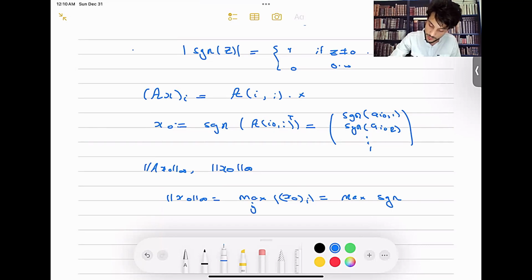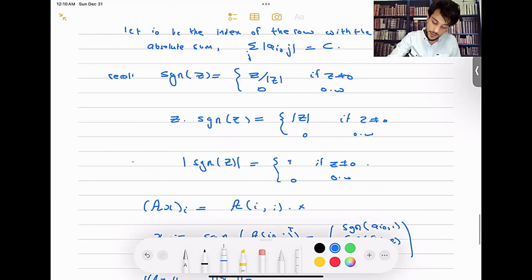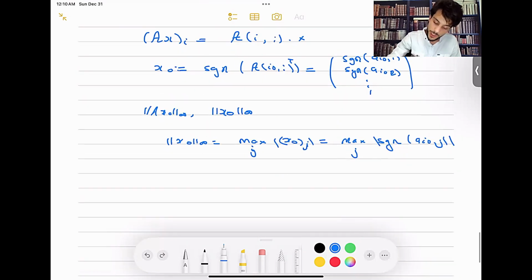Let's use a j here instead, the maximum over j of the absolute value of the signal of ai0j. But we've just seen here that the absolute value of a signal of a number is 1 or 0, and we have therefore that this is equal to 1.